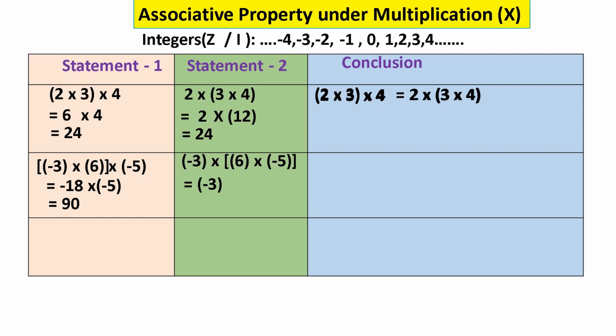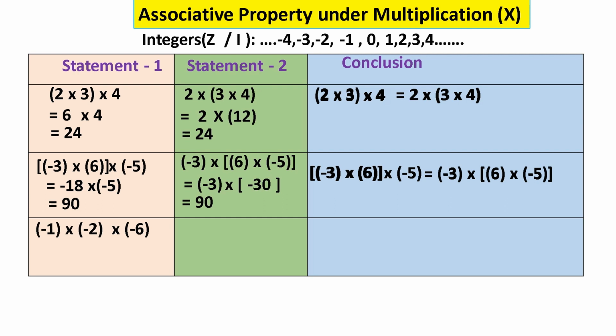Here the first integer is 3 and the product of the last two integers is minus 30. Multiplying 3 by minus 30, we get 90. So in statement 1 and statement 2 we get the same answer.